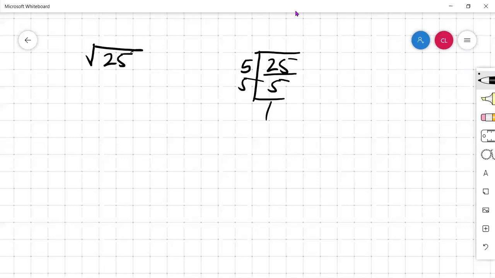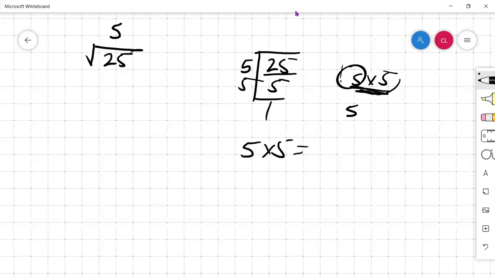So the prime factors of 25 would be 5 times 5. And anytime we have it like this, we're only going to use one of them, one from each pairing. So in this case, the square root is 5. And if we check it, 5 times 5 really gives us the 25.